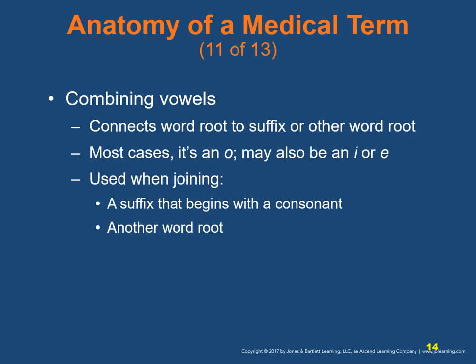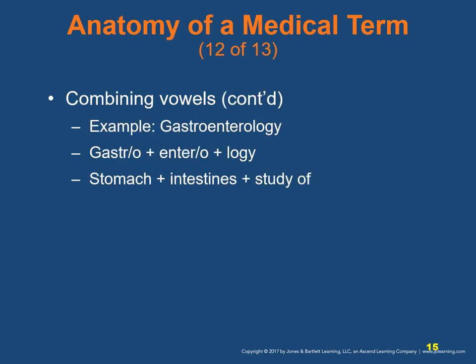Combining vowels are important also. A combining vowel is the part of a term that connects a word root to a suffix or another word root. In most cases, it is an O. However, it may also be an I or an E. One example is gastroenterology.